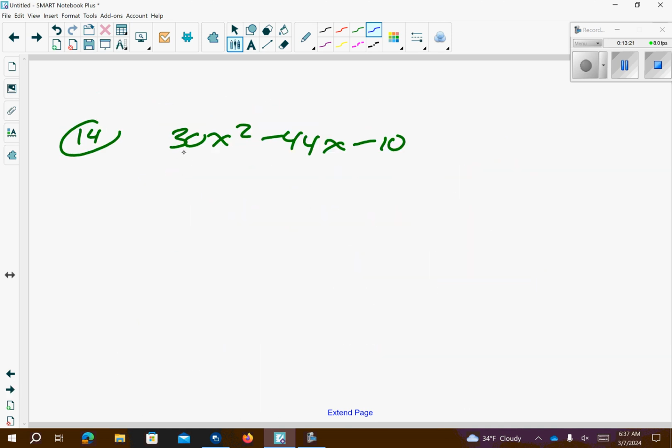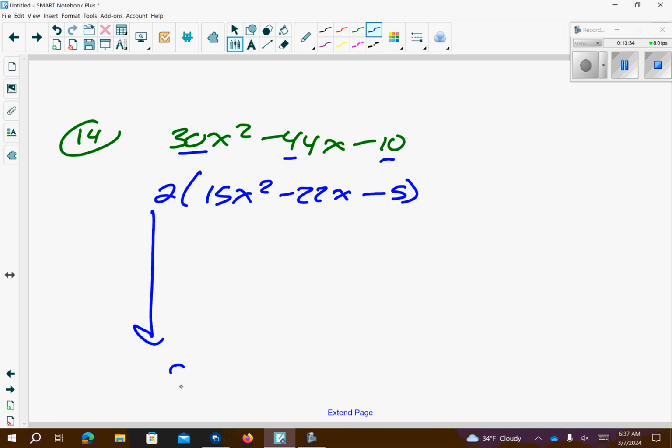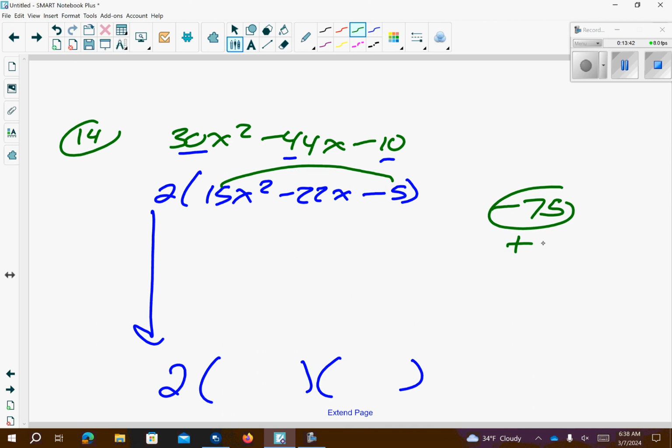Here's number 14. It looks like I can factor a 2 out of everything, out of all those. That's going to give me 15x squared minus 22x minus 5. Let's bring this 2 down. Factor this, multiply those together, so that's going to give me negative 75. So I know a positive negative. The factors of 75 that give me negative 22. I'm going to say it's going to be 3 and 25.